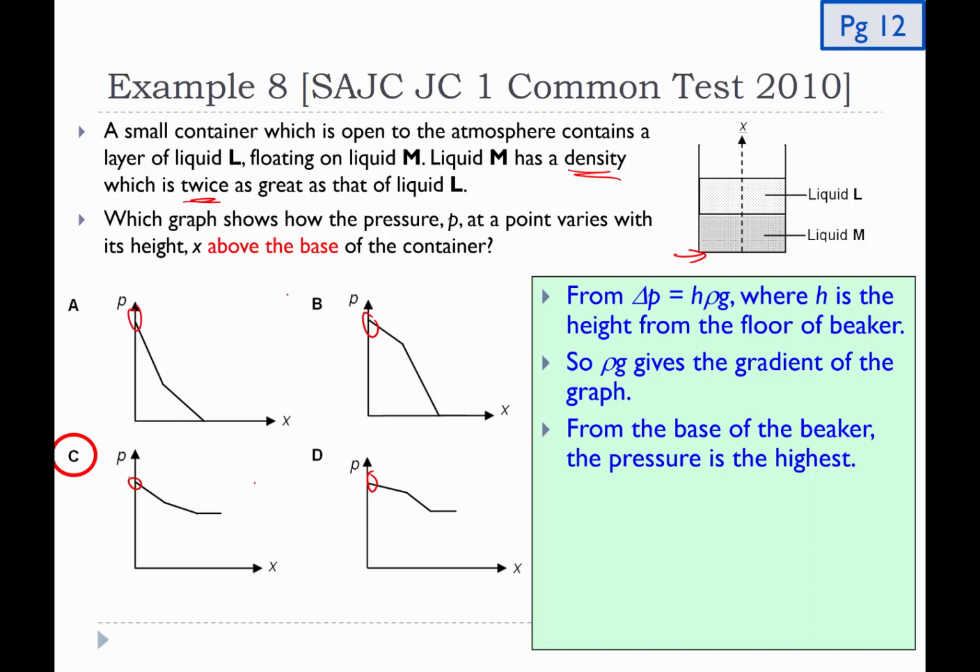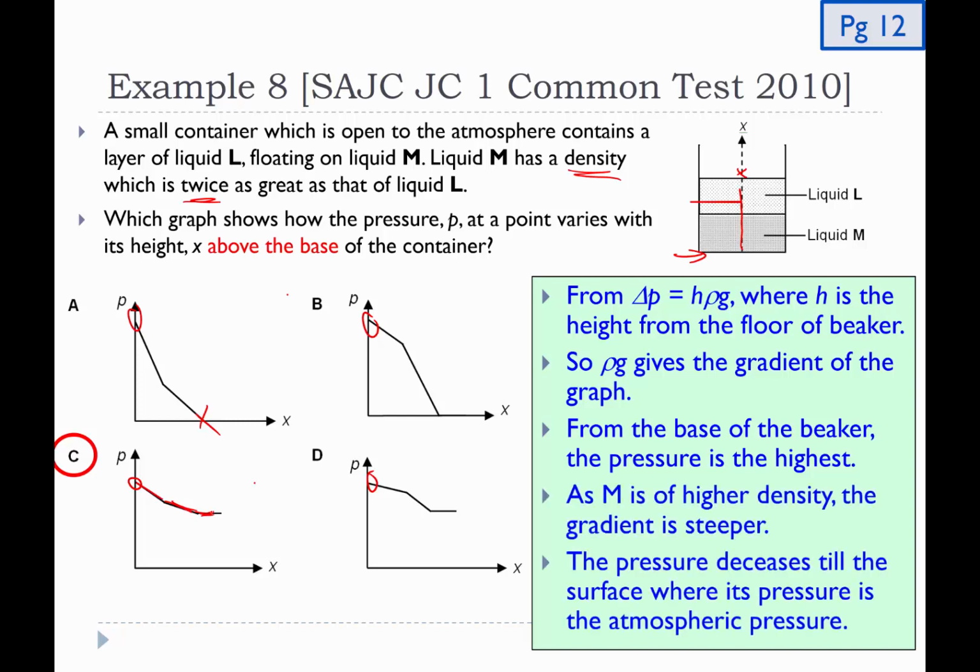And like I mentioned just now, liquid M has a higher density, so when the point moves up, it should have a larger gradient drop. And then when it moves towards L, it should have a lower gradient drop. And finally, when it exits the surface of the liquid, there is still atmospheric pressure. The pressure cannot be zero. So there is a very gentle, close to constant change of pressure above the liquid surface. And therefore, the answer should logically be C.